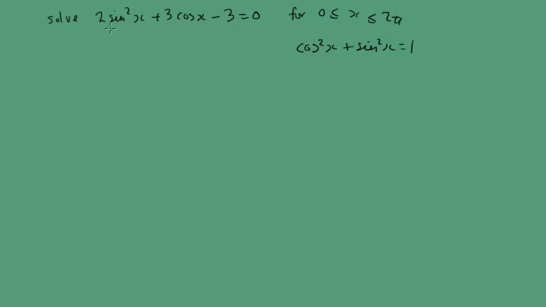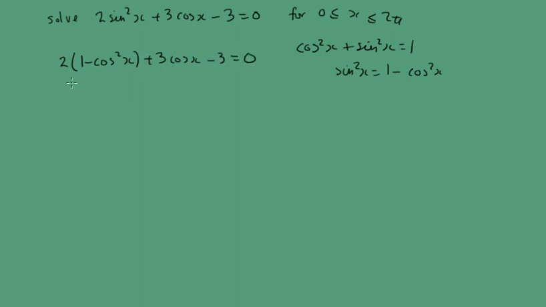This rule enables us to take the sine squared x and write it as 1 minus cosine squared x. And then we've got a function which has no sines in it and just cosine. So let's do that. So we have 2 times 1 minus cosine squared x plus 3 cosine x minus 3 equals 0.